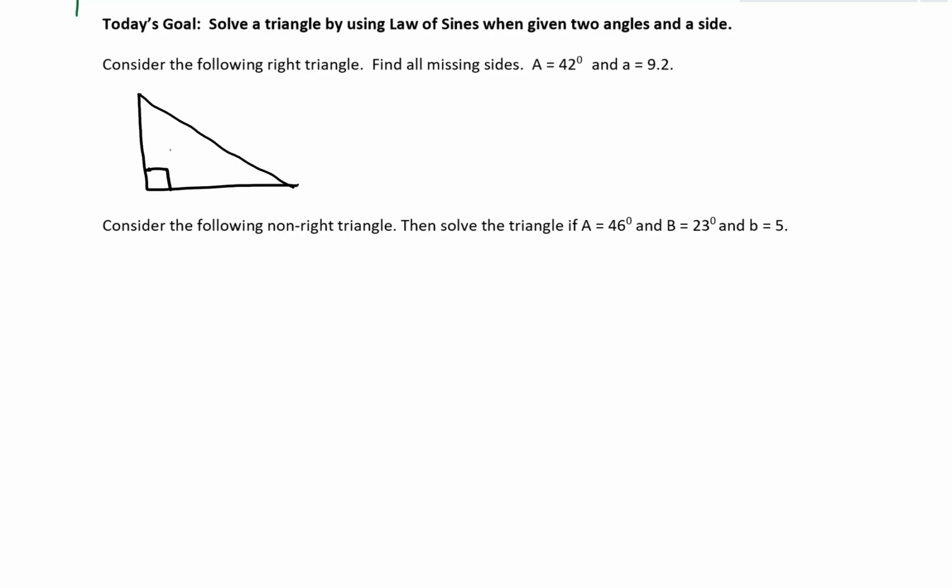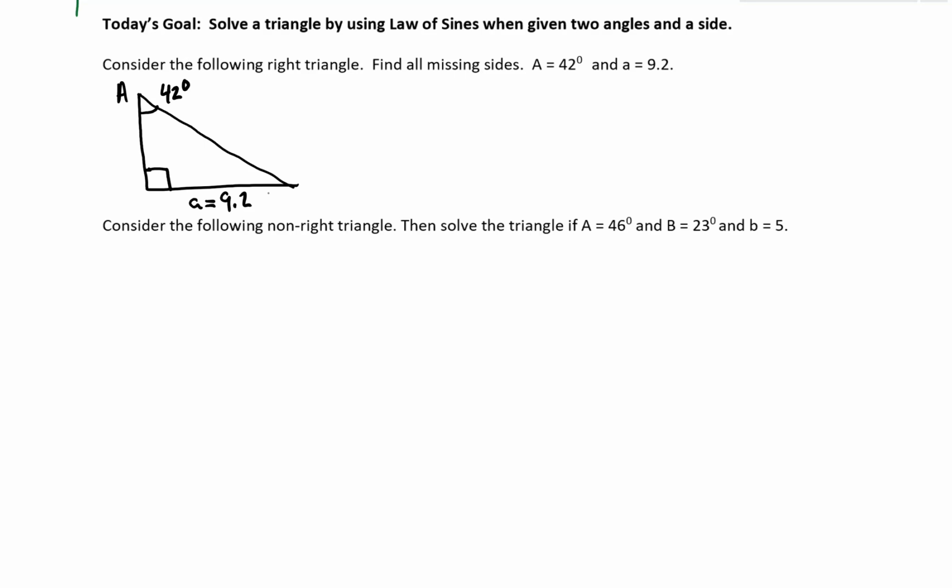They're giving us the angle measure for A, so I'm going to call this A up here. So this one right here is 42 degrees. And the side a, which would be across from that, so we're talking a down here, this is 9.2. And so they want us to solve.